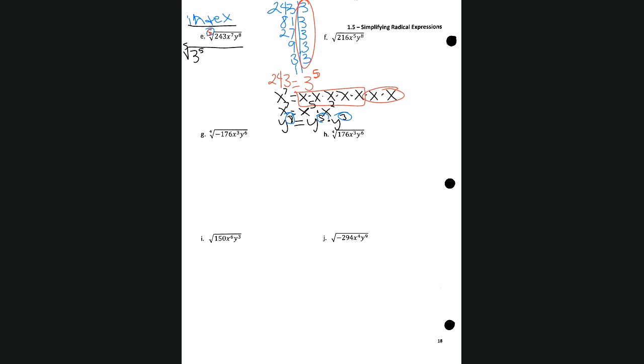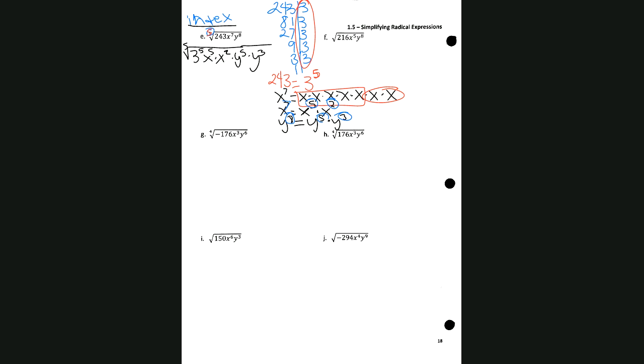Similarly, x to the 5th power times x squared will give us x to the 7th power. And so that's what we're going to use here. So instead of x to the 7th, we have x to the 5th times x squared. And instead of y to the 8th, we will have y to the 5th times y to the 3rd.